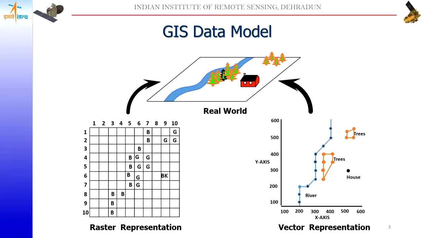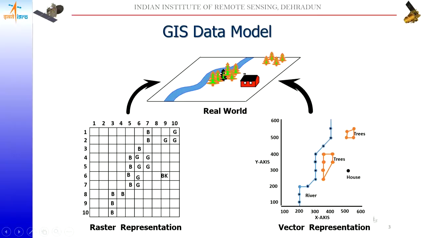Now, if we talk about the vector mode, then we have three primitives: a point, a line, and a polygon. If we talk about a water body, we can represent it by a line, which is a combination of points; if we combine multiple points together, they make a line. So we can represent this water body in the vector mode by a line which connects various segments.